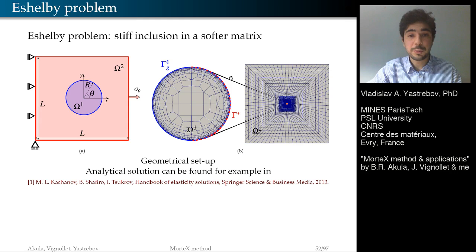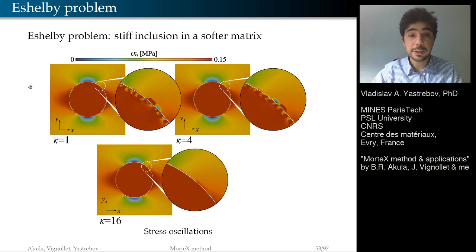They are superposed: we put this inclusion on top of the matrix, and we see that for kappa equal to 1 there are spurious oscillations in the interface. For kappa equal to 4 they are still there, but for high kappa, here for kappa equals 16 for example, we have a very smooth stress field with no spurious oscillations in the interface.